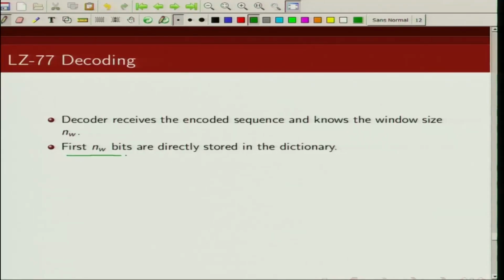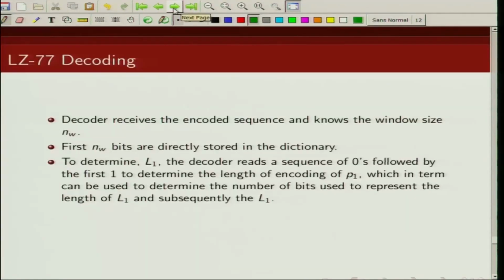The first NW bits are the initial bits that were encoded. Then, to determine L1, as I said, the decoder will read a sequence of zeros followed by the first one to determine the length of encoding, which is P1.